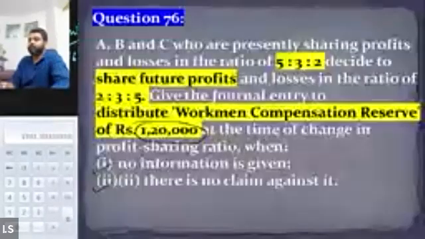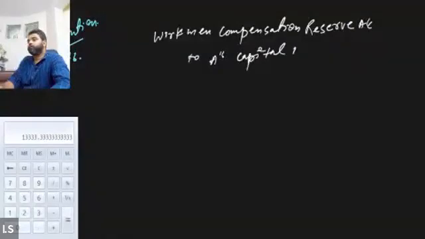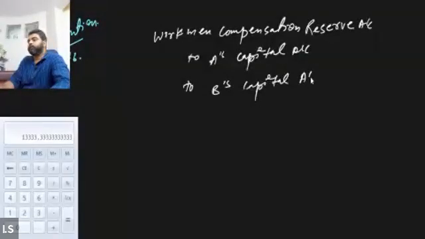How many partners are there? There are three partners, A, B, and C. So we need to credit all the partners capital accounts: A's capital account, B's capital account, and C's capital account.